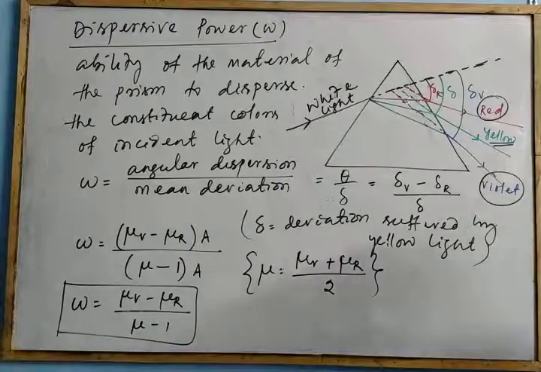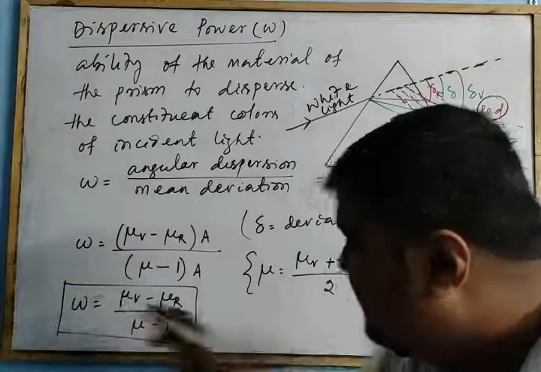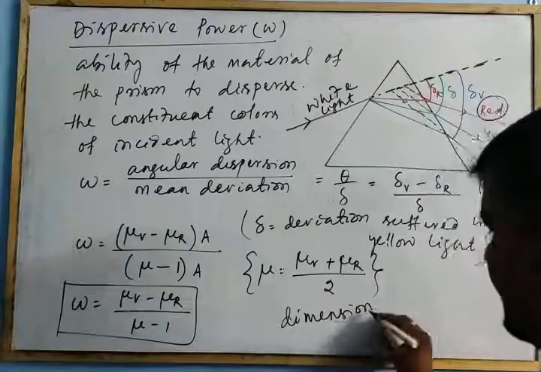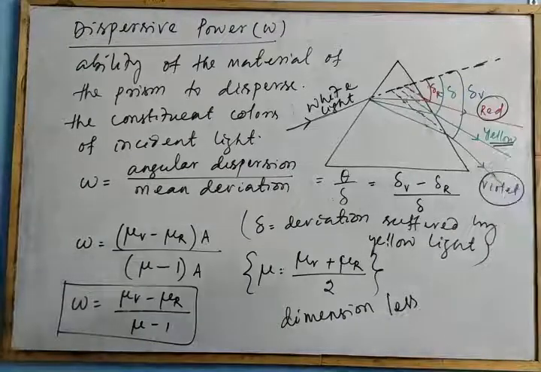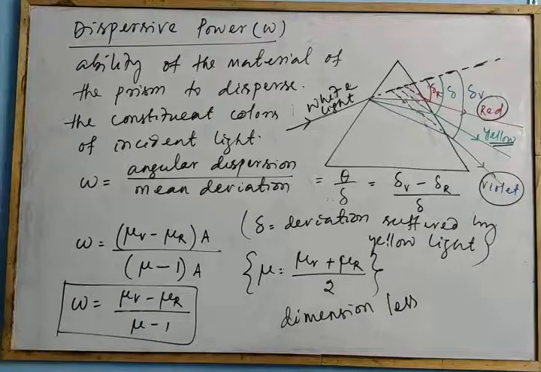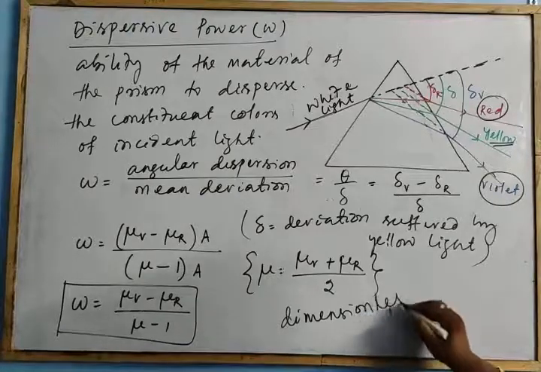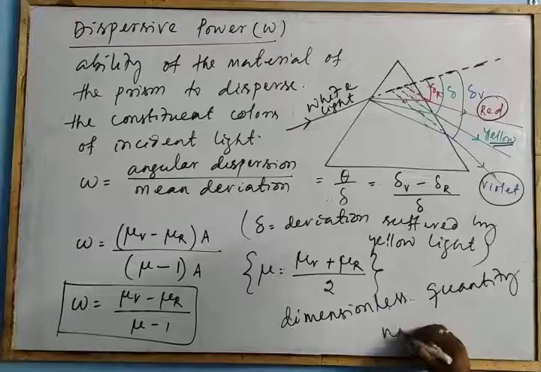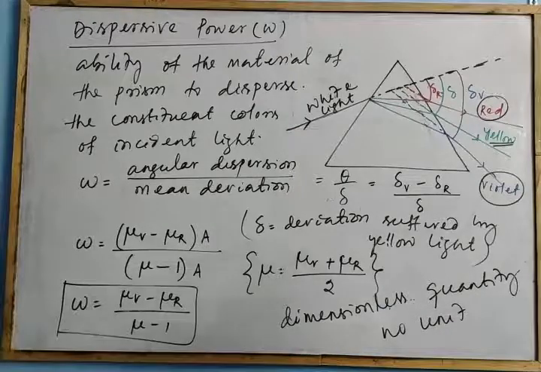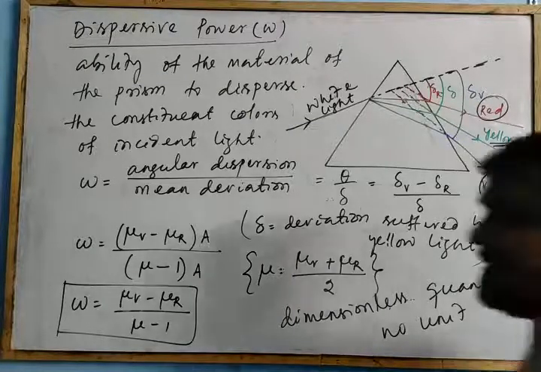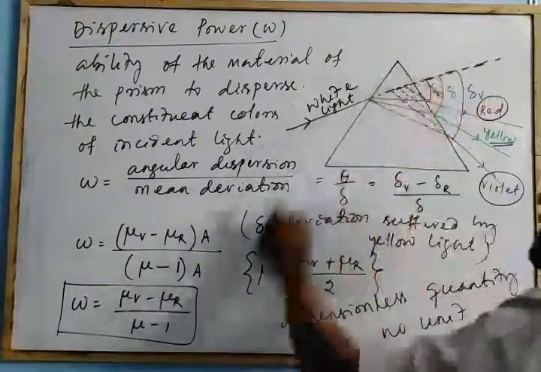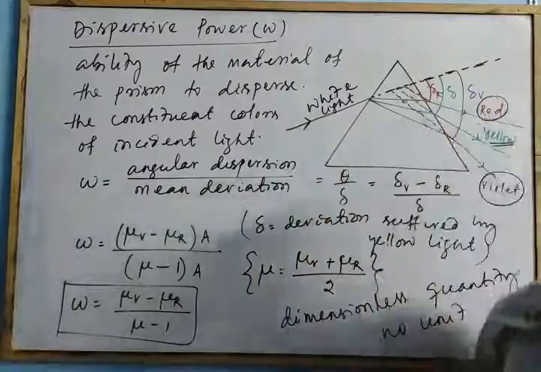Remember another thing, the dispersive power is a dimensionless quantity. It has no unit. And dispersive power is constant for the material of the prism for any two colors like violet and red.